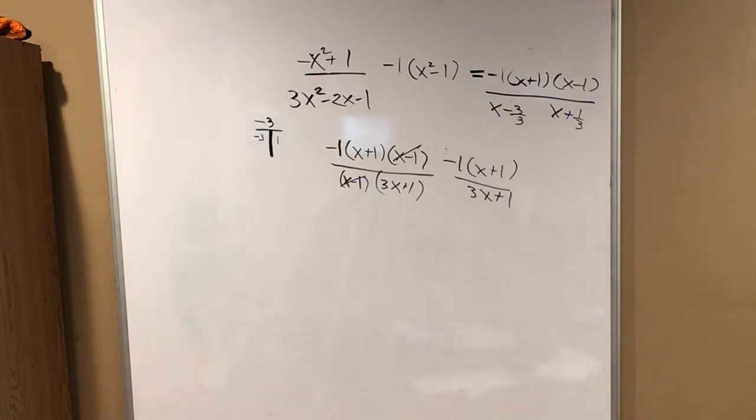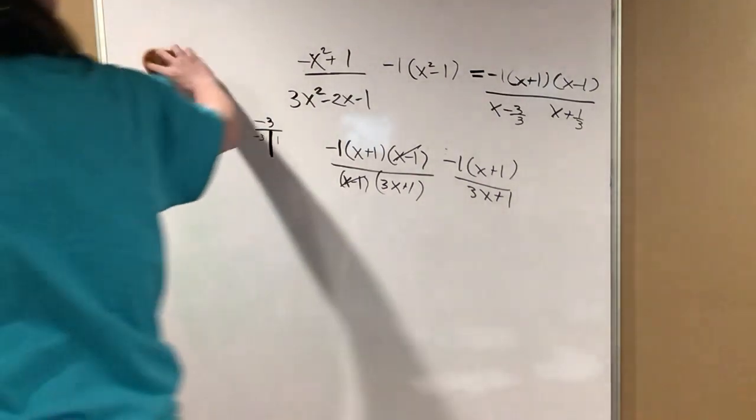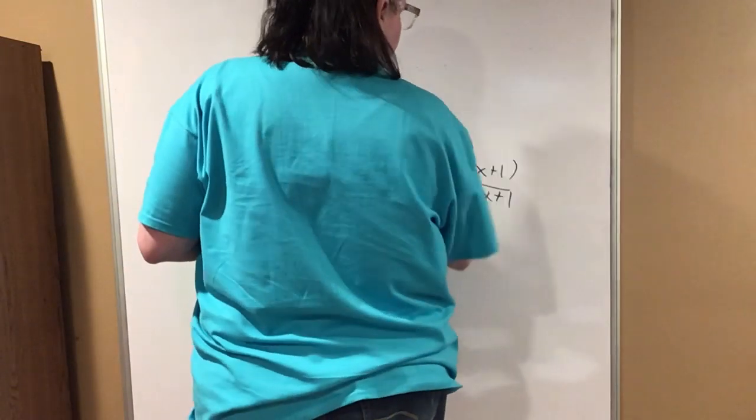So, seeing that we have rational expressions now, let's move on to what happens when we have to multiply and divide by them. So, multiplying and dividing is pretty much the exact same thing we were just doing.